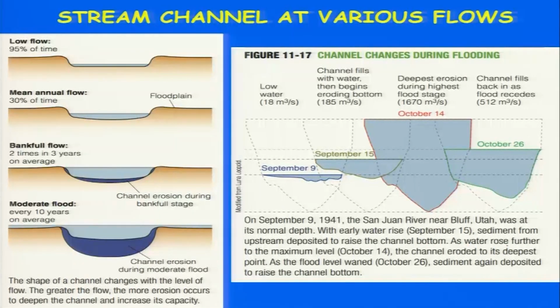As the water rose further to the maximum level, on October 14, that was the time when the channel eroded to its deepest point. This is the deepest point, and usually it used to remain here. So you can understand that the water amount has increased, and even the channel cross-sectional area has increased.